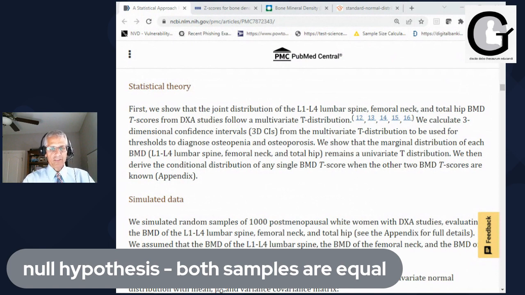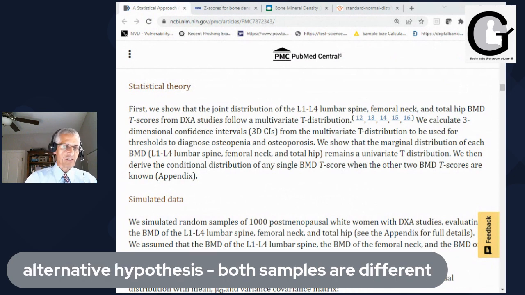Alternate hypothesis, or alternative hypothesis, however you want to say it, I've seen it used both ways, means that both samples are different, in different ways. It could be one sample is greater, one sample is less. That shows what they call an effect.